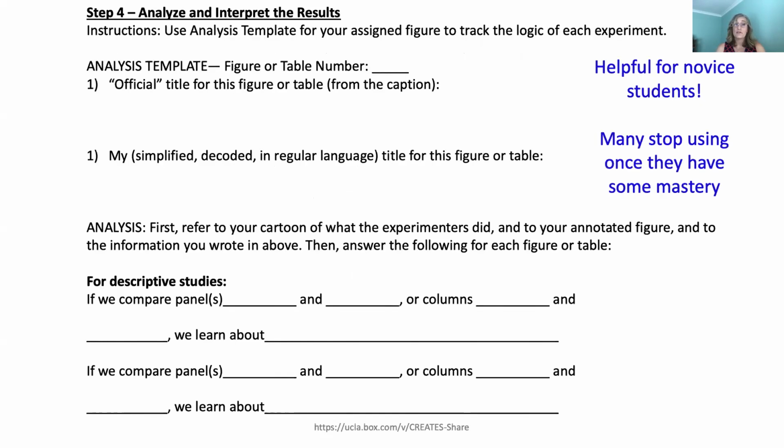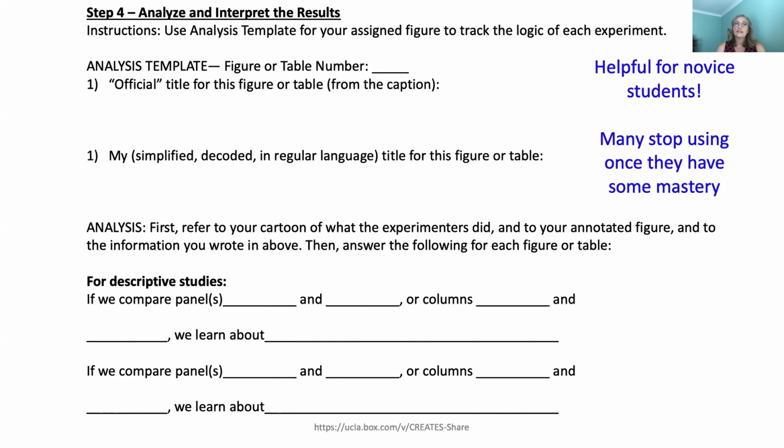On our website, we have Google Doc templates for students to do this, so they can make a copy of the template for each experiment and work through each of these questions. These templates ask students to write down the official title for that figure or table, put it into their own words, and then answer some specific questions about comparisons and conclusions they're drawing based on the results.